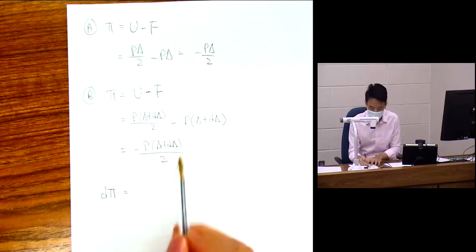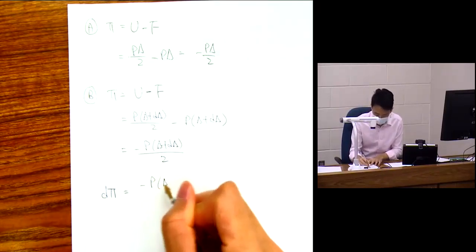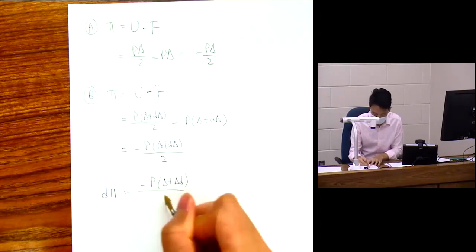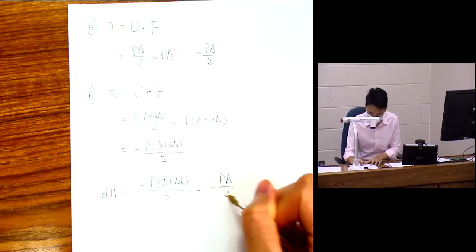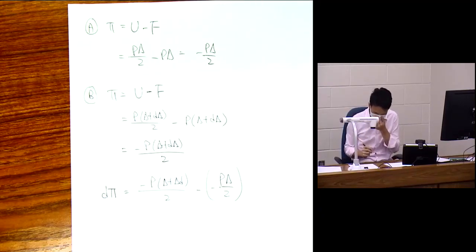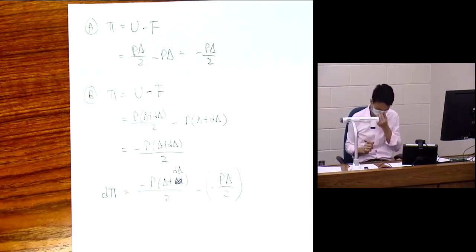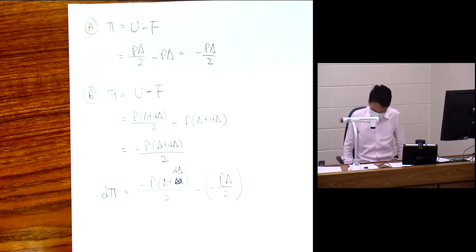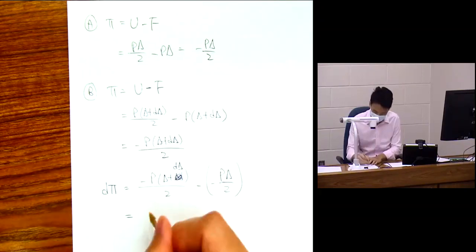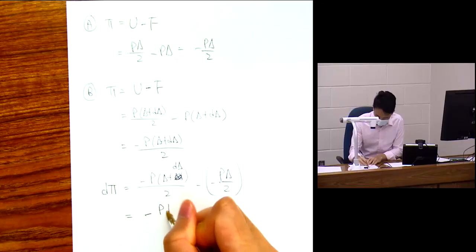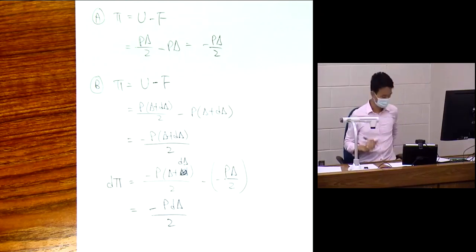So I'm going to take B, because B is the one with the larger crack length, and the change of these is just, sorry, this is d delta. So if you just do that, you get a result that is, again, fairly simple. It's going to be minus P d delta over 2.